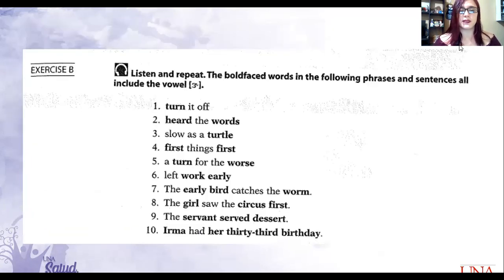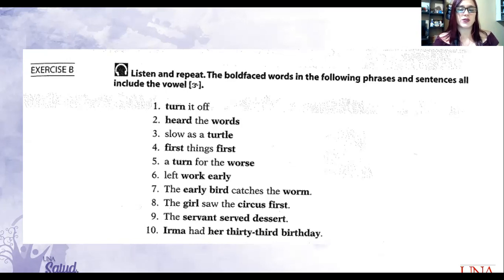Now you're going to listen to me saying the following phrases or sentences containing the sound, and you're going to try to pronounce them after me. Number 1: turn it off. When we have phrasal verbs with an object pronoun in the middle that has a vowel sound, we have to make it like one phrase.